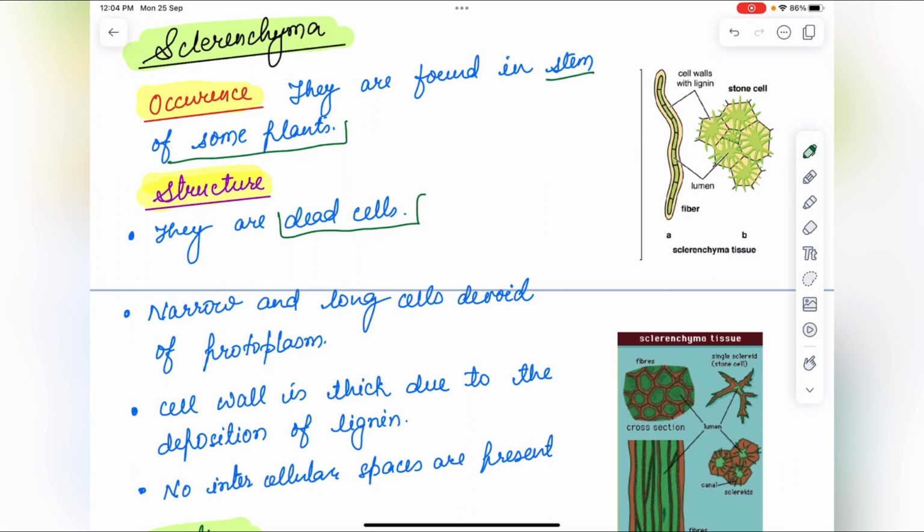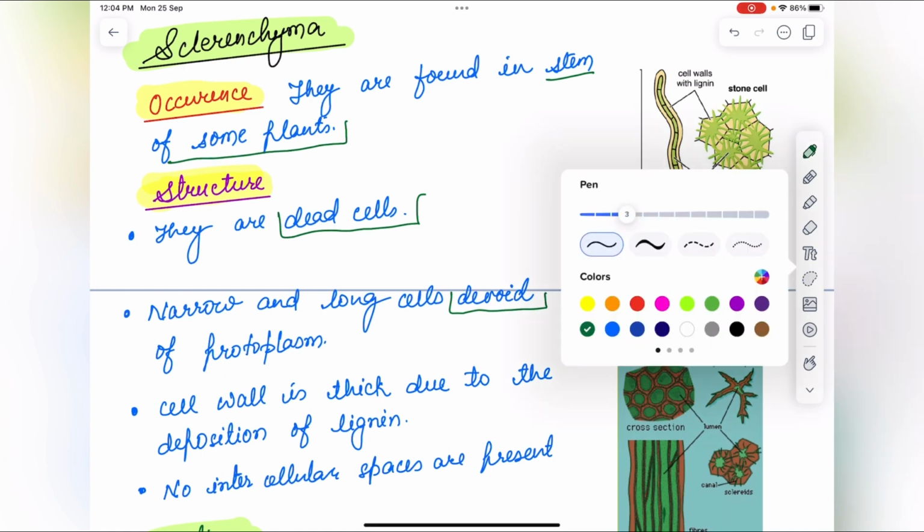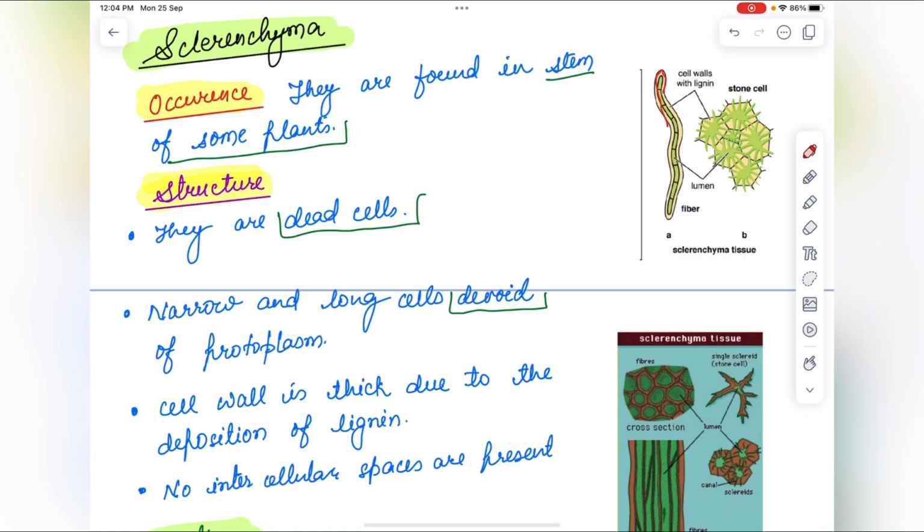They are long cells devoid of protoplasm. It means, see, this is a sclerenchyma tissue. This is elongated and devoid of protoplasm. Protoplasm means no nucleus, no cytoplasm will be present. It means they are dead cells.